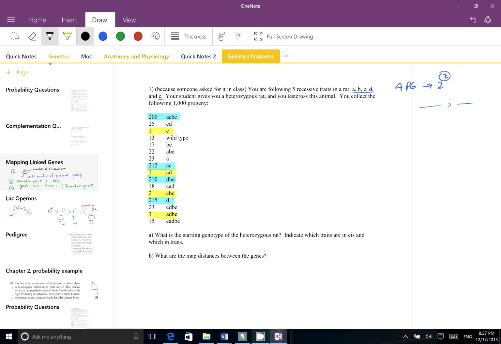The one equivalent to it, the other side would be D. And then if I had AC, this one, the one equivalent to it would be D, B, and E, right? So it would have been this way somehow. Right, so here's my 5 genes. But ignore the wild type ones.